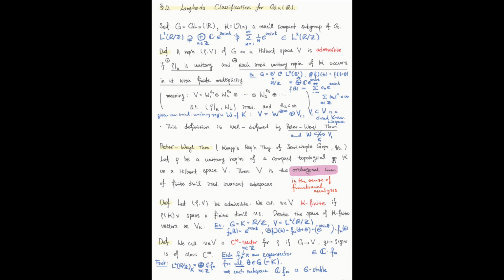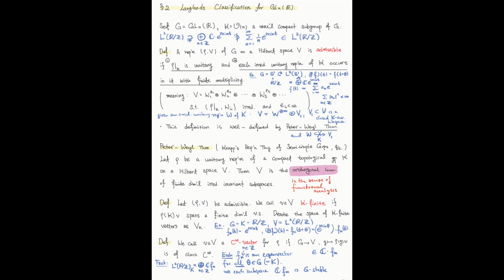So for instance, these infinitely many elements, these e to the 2 pi i n t, some people would call this a Hilbert basis, meaning that every element can be uniquely written as an infinite convergent linear combination.